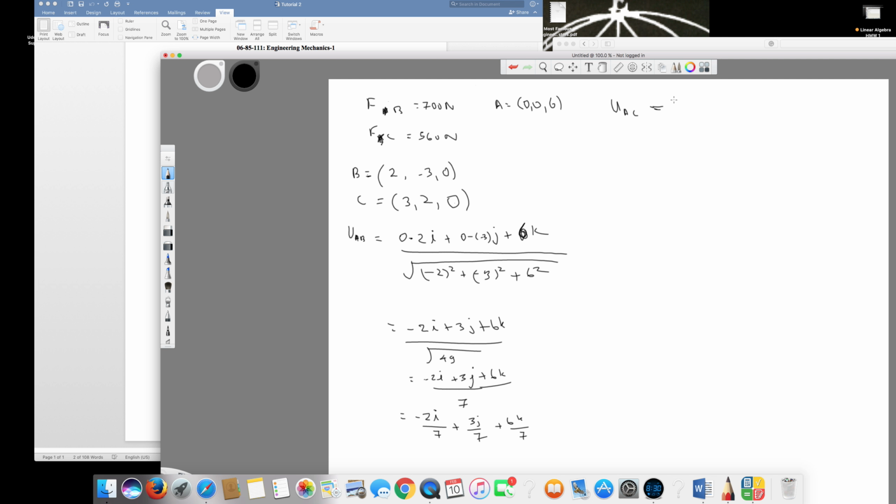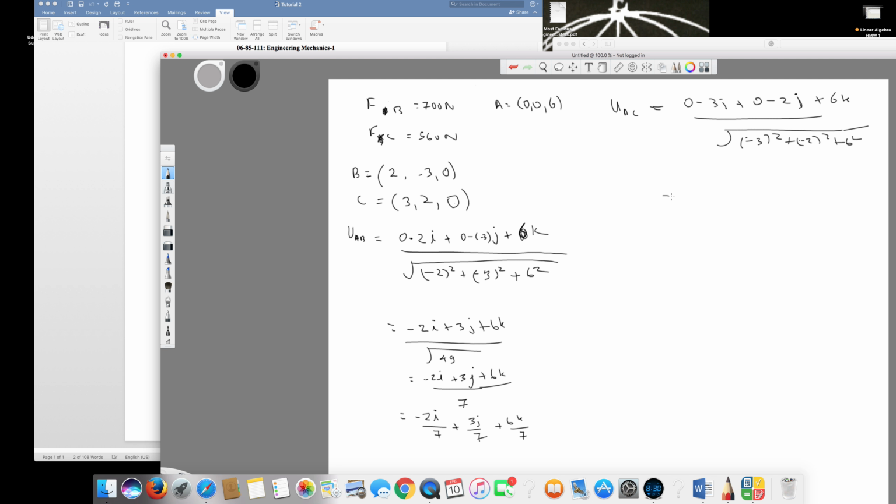Let's see. 0 minus 3 i plus 0 minus 2 j plus 6 minus 0 k, so it's 6k, over minus 3 square plus minus 2 square plus 6 square.